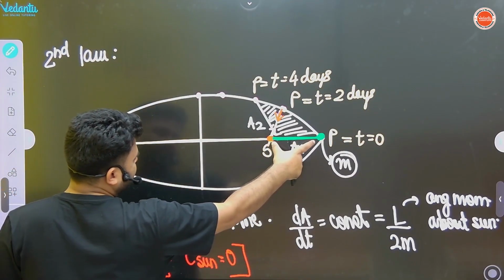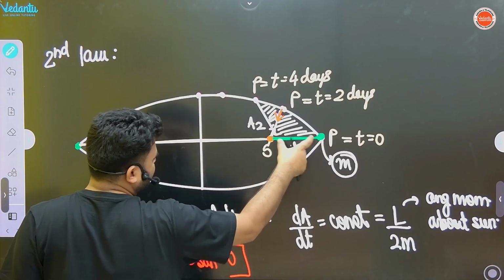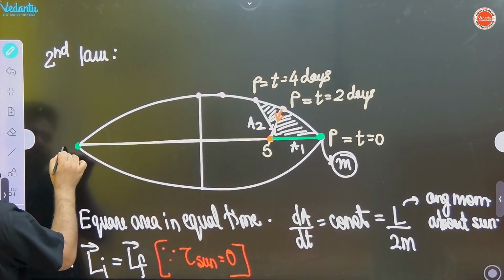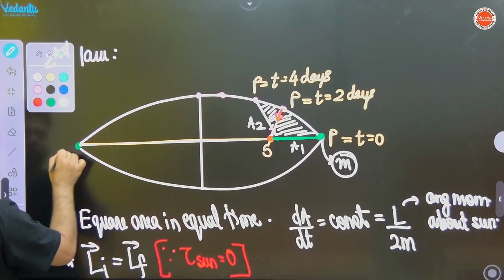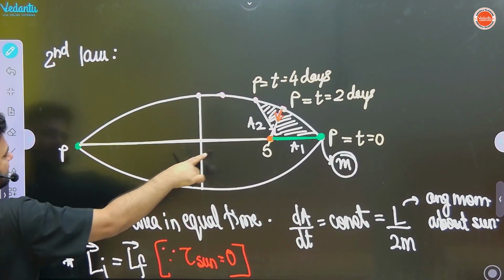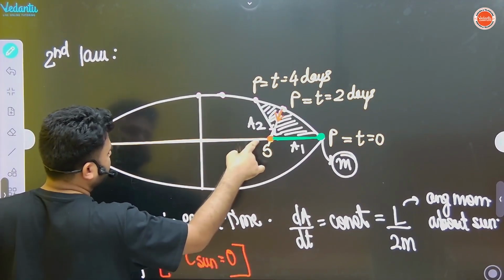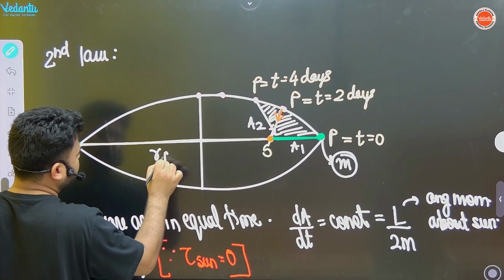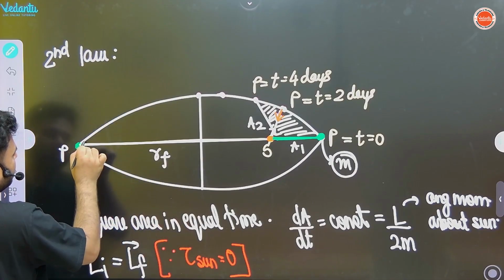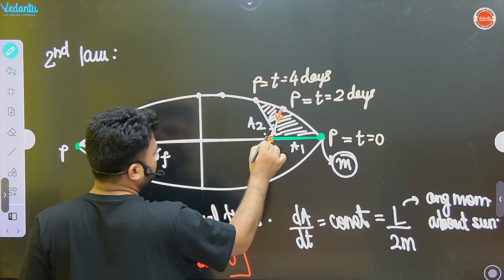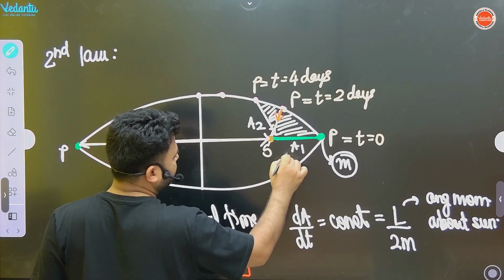This is the nearest distance because the planet is near to the sun, and when the planet reaches here, this is the farthest point. So from here to here is R farthest, and from here to here is R nearest.